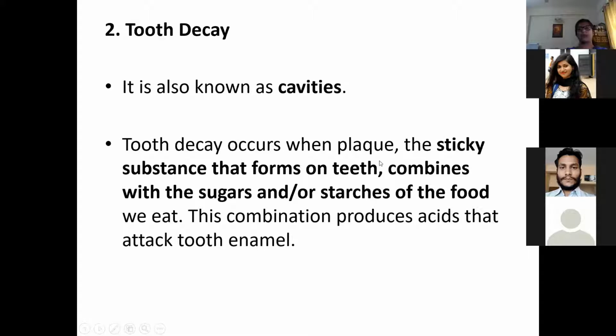When there is plaque, a sticky substance that forms on the teeth, and this combines with sugars or starches of the food we eat, it produces acids which attack the tooth enamel, the outer covering, and lead to tooth decay.